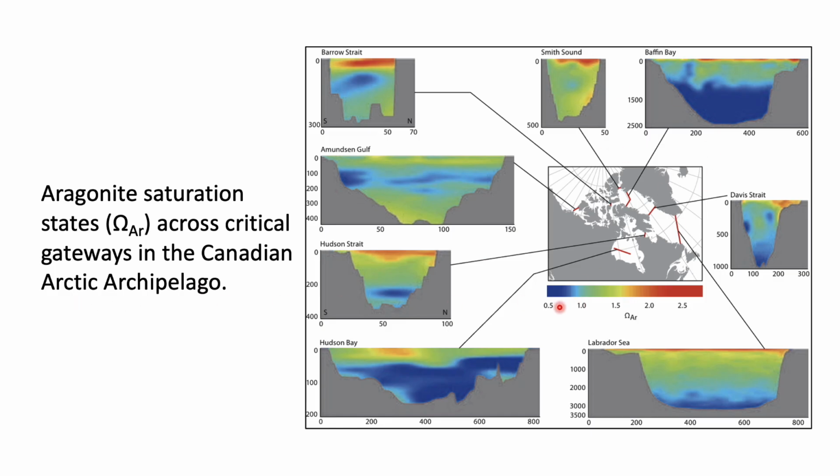The color changes from 0.5 to 2.5, from the red color to the blue color, you can see the difference. Baffin Bay has a particular type of aragonite structures, and Labrador Sea has a different one, as do Davis Strait, Amundsen Gulf or Barrow Strait. So all these regions have different aragonite saturation states.